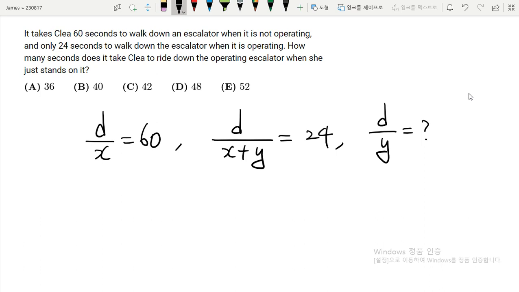So that means, from the first equation, x is d over 60, and x plus y is d over 24, so that means y is equal to that difference.